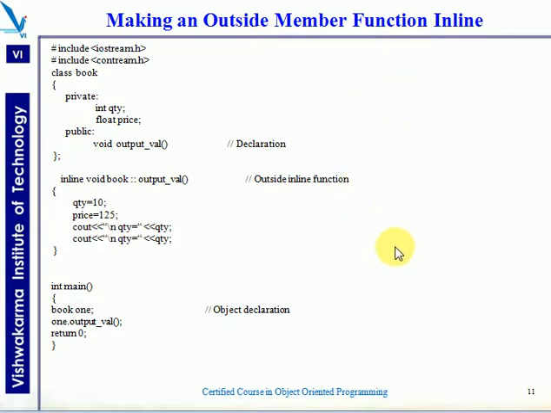We said that when we define a member function inside the class, then it is called an inline function, and that is good for small functions, right? So if there is a large function that should be defined outside the class, and if I want to make that function inline, how can I do that?